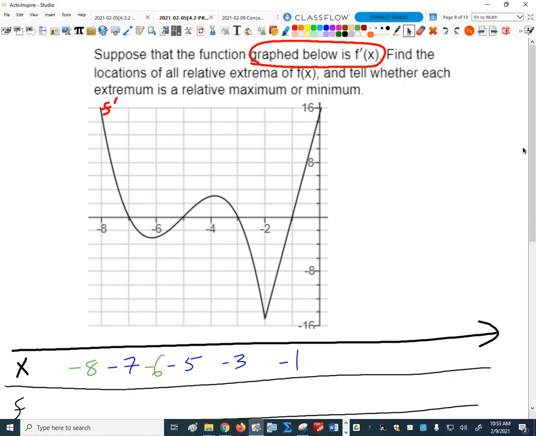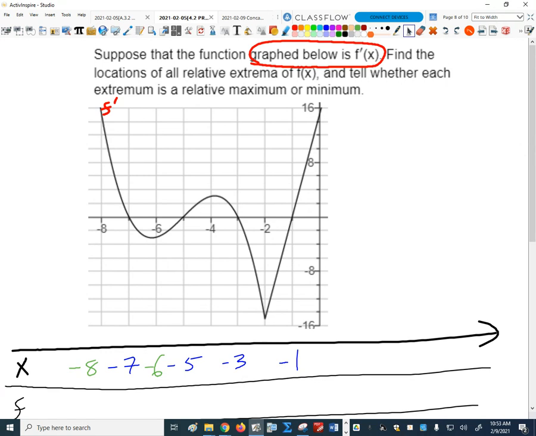Okay, so then here's where we sort of left off. Can you guys tell me here, where are the critical numbers for this function? Where is the derivative equal to 0 or undefined? So where is the derivative equal to 0? Just type it in chat.